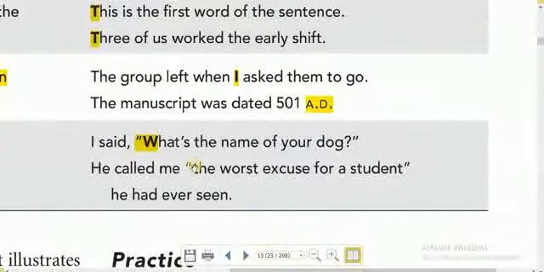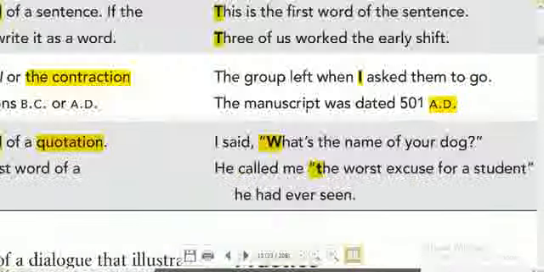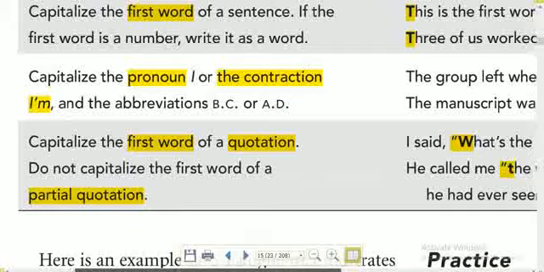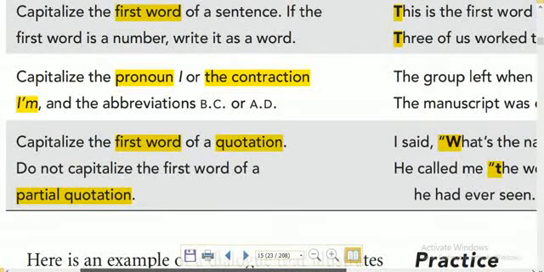Do not capitalize the first word of a partial quotation. This is a partial.